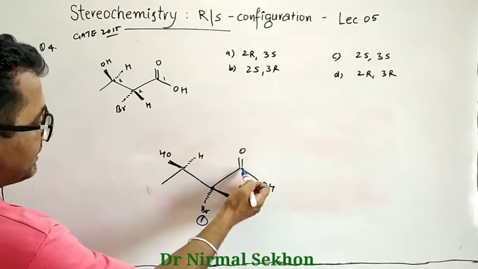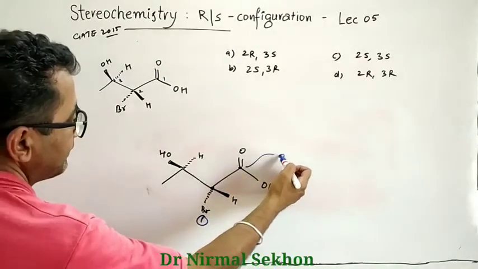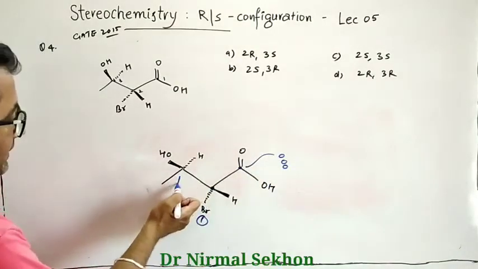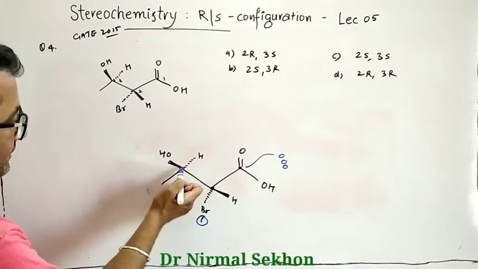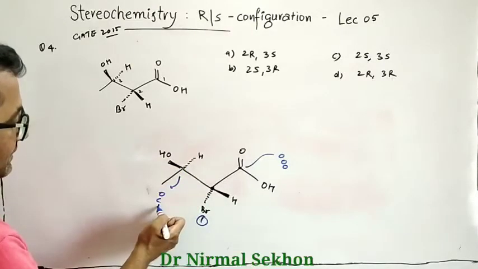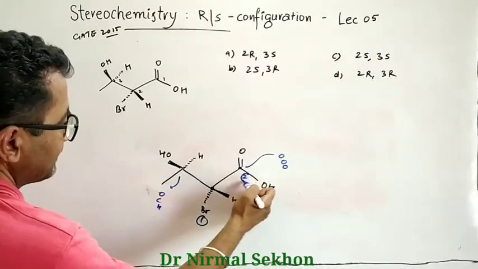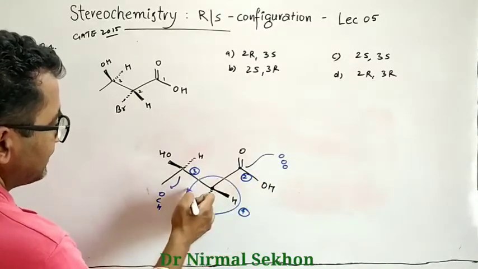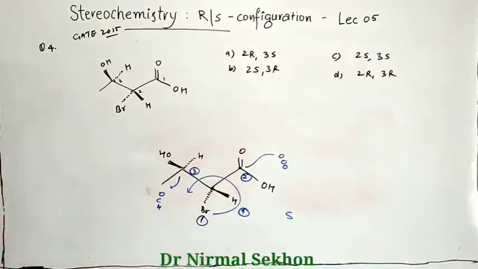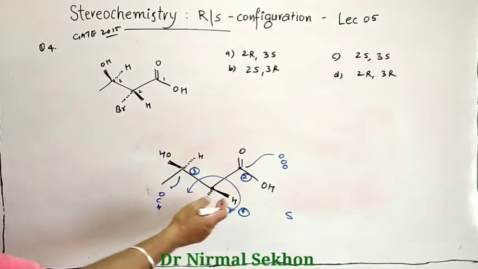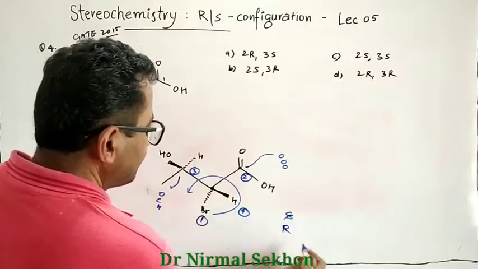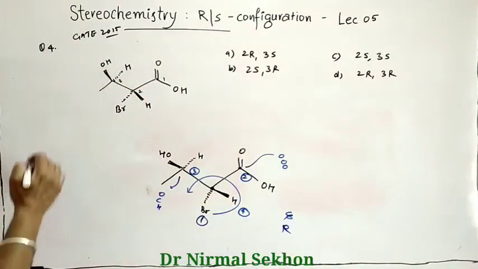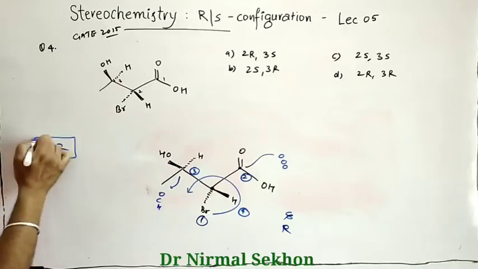This is connecting to C, this is connecting to OOO, but this is connecting to OCH. So this will get number 2, this will get number 3 and hydrogen will get number 4. So 1, 2, 3, it becomes S. But because hydrogen is not below the plane, its configuration is R. So here 2 becomes R.